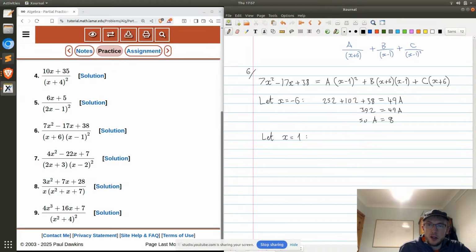And we end up with just c times x plus 6, which is c times 7, or 7c, on the right. And on the left, you have 7 minus 17, which is minus 10. And minus 10 plus 38 is 28. So c must equal 4.